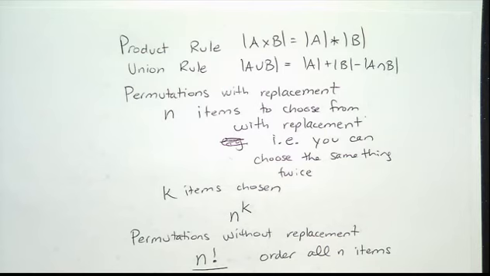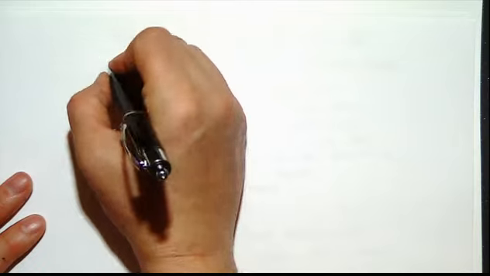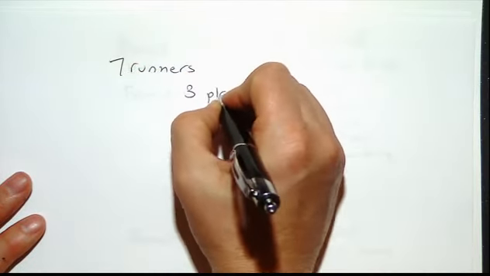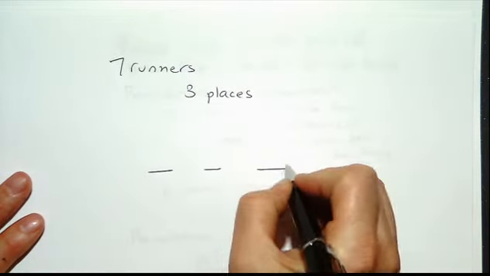But if we go back to our race and we don't care if we don't win in the top 3, then we really want to stop that permutation counting before we get down to 1, right? So let's go back to that race problem and see how many, so we have 7 runners and we only care about 3 places. So now we want to figure out the orders of finish. So I draw my 3 places.